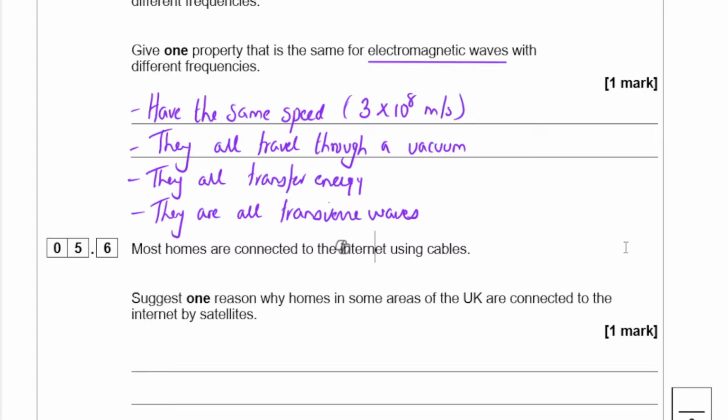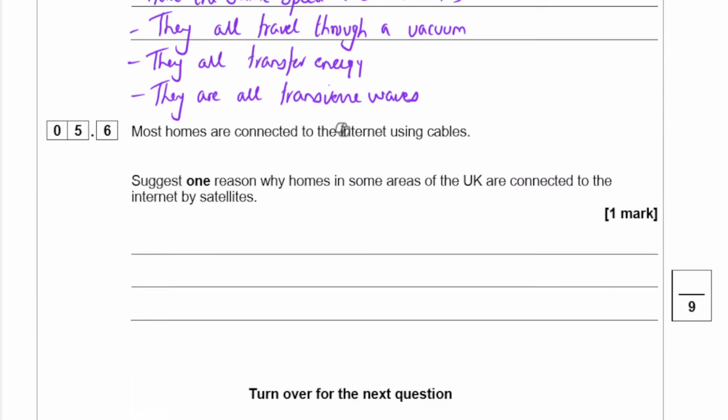Next question. Most homes are connected to the internet using cables. Suggest one reason why homes in some areas of the UK are connected to the internet by satellites. Why would you not use cables in some parts of the UK? For example, places up north in Scotland and some remote parts, right?